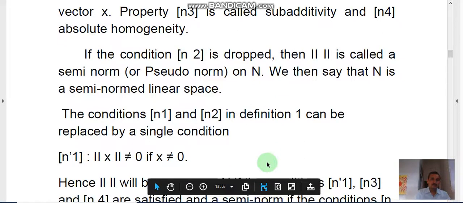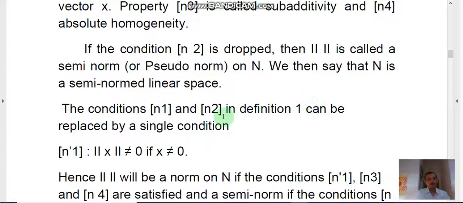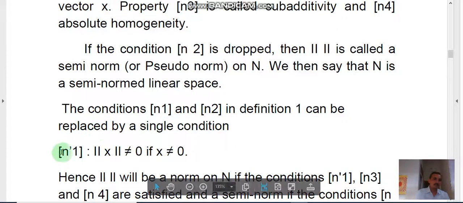The conditions N1 and N2 in definition 1 can be replaced by a single condition, that is N1 dash. This N1 dash tells us that norm x is non-zero if x is non-zero. So we can combine the conditions N1 and N2 with this N1 dash.